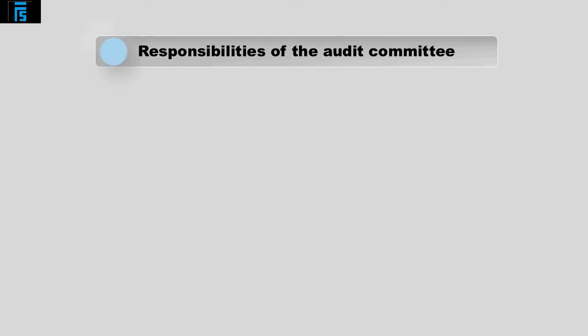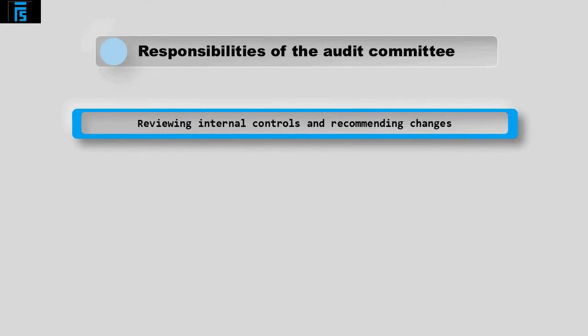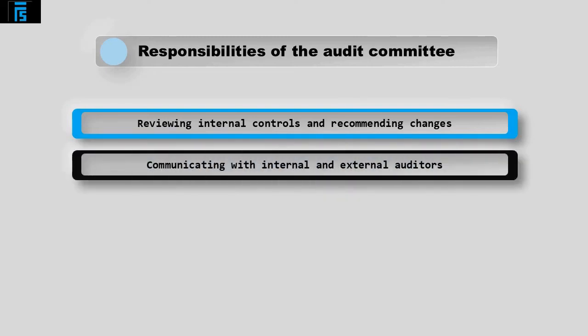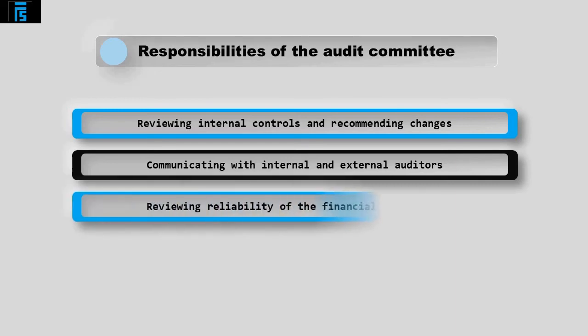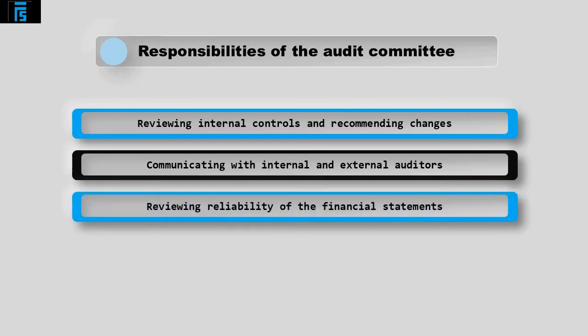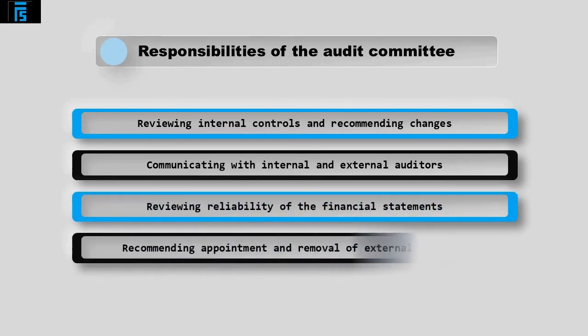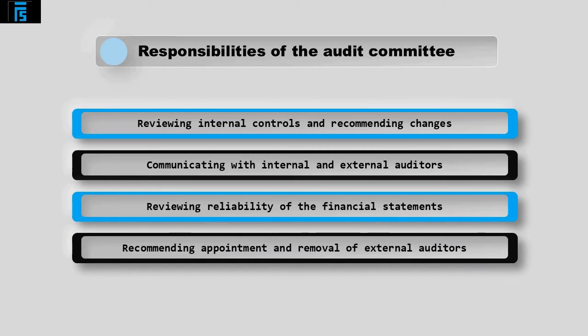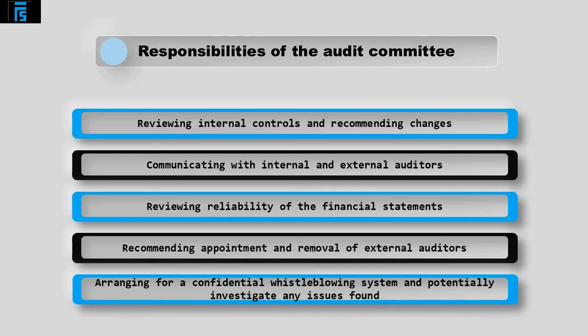Some of the responsibilities of the Audit Committee include reviewing the internal controls and recommending changes, often with the assistance of the internal auditor, communicating with the internal and external auditors, reviewing the reliability of the financial statements, recommending the appointment and removal of external auditors, and arranging for a confidential whistleblowing system for employees and potentially investigate any issues found.